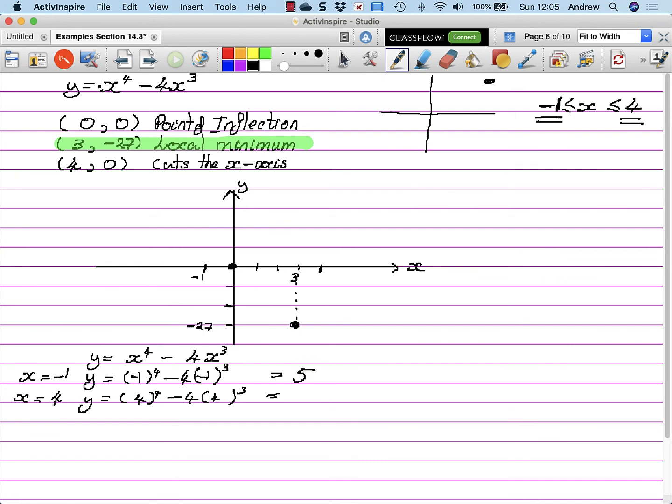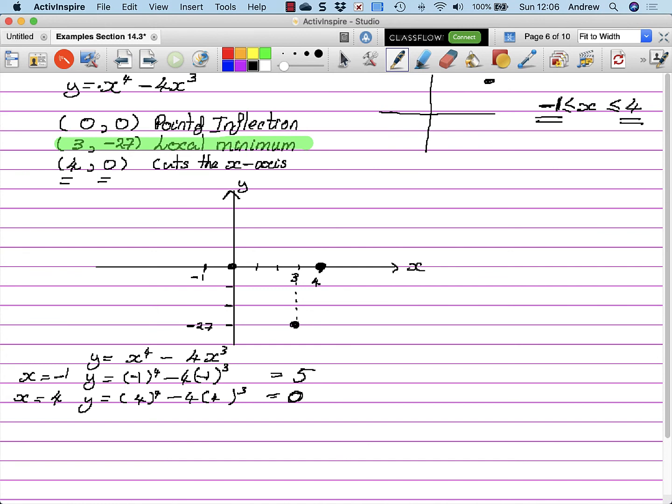And the output number for x equals 4 is, we've actually already done it, is actually equal to 0. Okay, so we already knew from up here that when x equals 4, y was equal to 0.